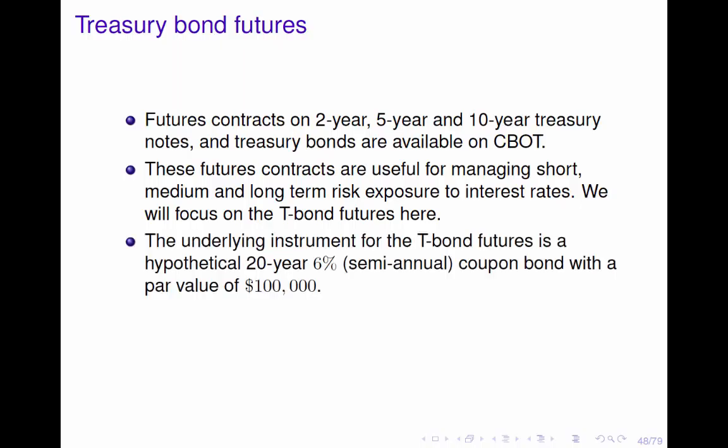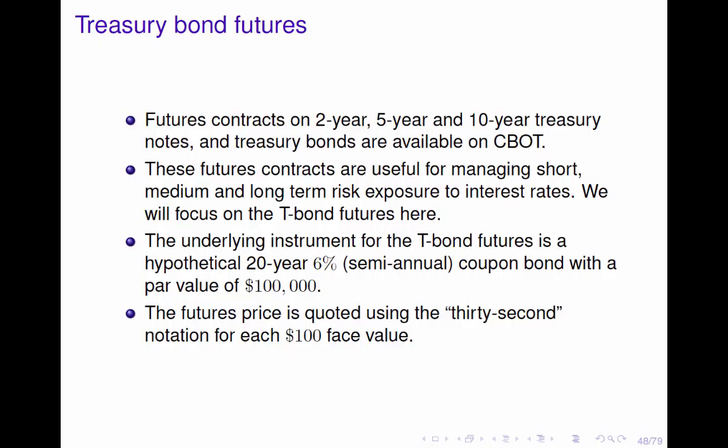The underlying instrument for the T-bond futures is a hypothetical 20-year, 6% semi-annual coupon bond with a par value of $100,000. The futures price is quoted using the 32nd notation for each $100 face value.